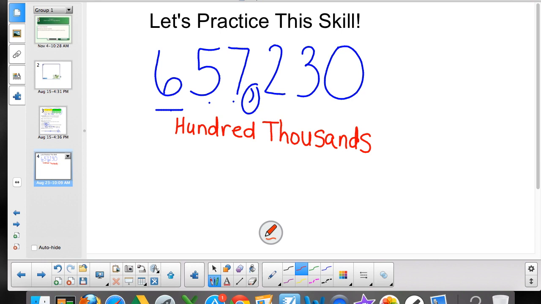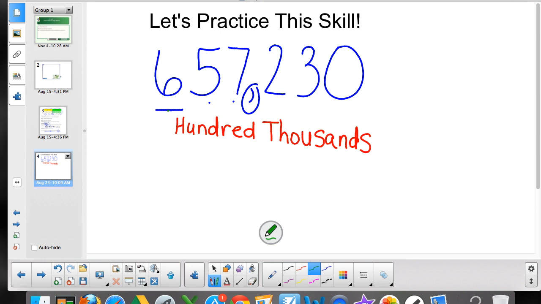If we look more closely at it and talk about the value of the 6, we would say how much the 6 is worth. What's the value of the digit 6? Well, the 6 is in the hundred thousands place, and there are 6 of them.